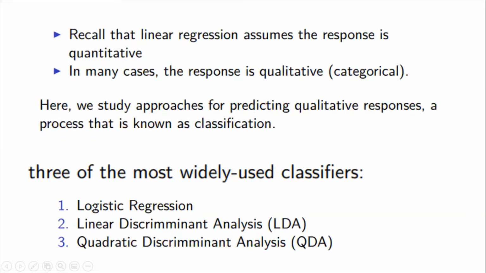What is the difference between logistic regression and linear discriminant analysis? Linear discriminant analysis is basically linear regression, where we code our response variable, which is a categorical variable, with numerical symbols, like 1, 2, 0, 1.